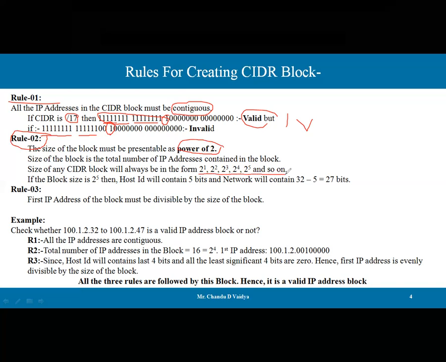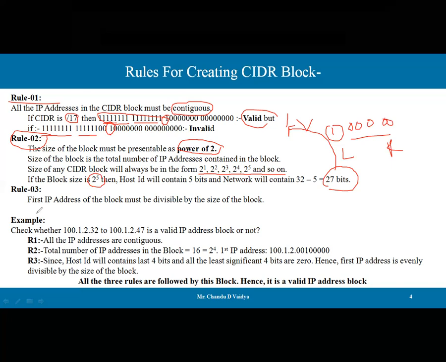If the block size is 2 to the power 5, how many addresses do we get? 2 to the power 5 is 32, and the host ID will contain 5 bits, and the network ID will contain 32 minus 5, that is 27 bits. So 27 bits will be contiguously on, and the rest, 5 bits, will be off. The right side is 0 and the left side will be all 1.